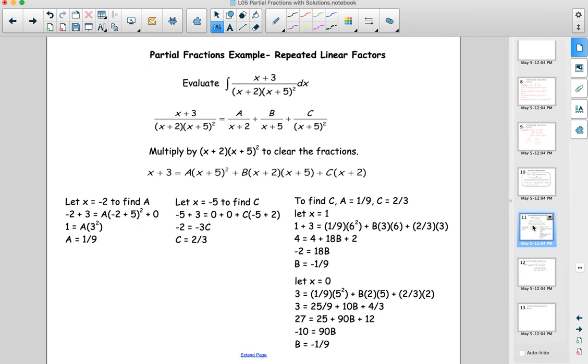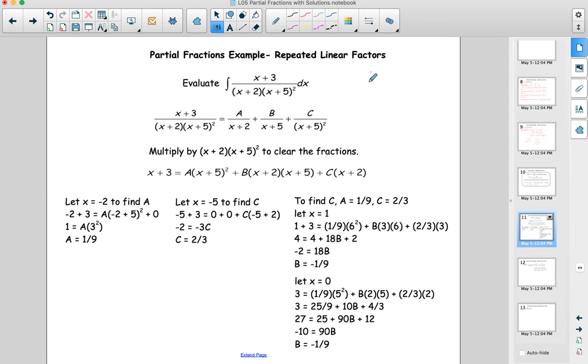All right, I'm going to walk you through an example of one of those. What would that look like? So I'm asking you to work on an integral again. They've been kind. It's already factored for us. So how is it different? Before we had a over x plus 2 and b over our second linear factor, but this linear factor is degree 2. So it's possible we could have combined something over x plus 5 and also something over x plus 5 all squared.